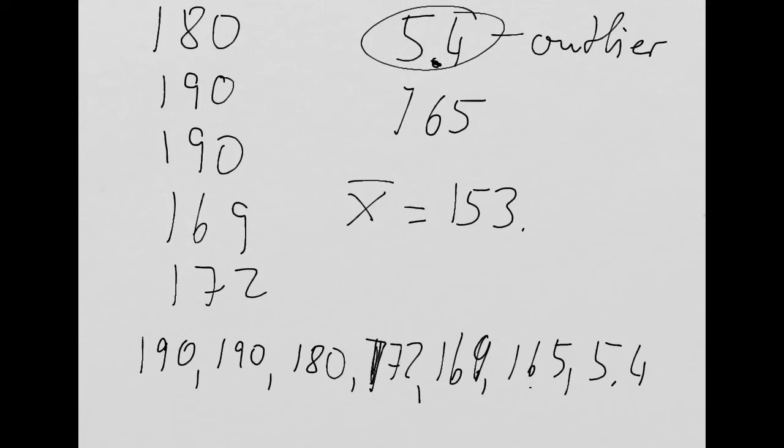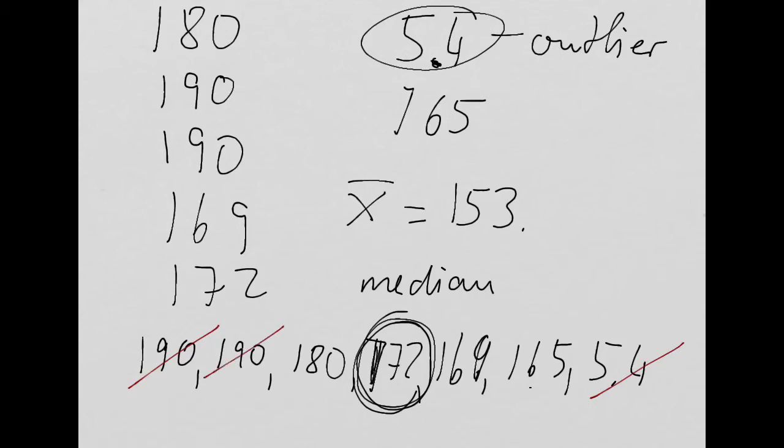So what is the median? 172 here. Yeah, that is the median. And the way you can do that really very easily is: 1, 1, next, next, next, next, so that's the one that's left. So here our median is 172.